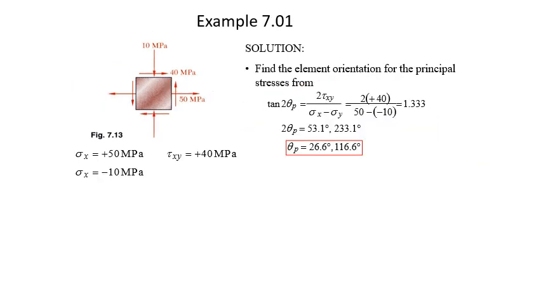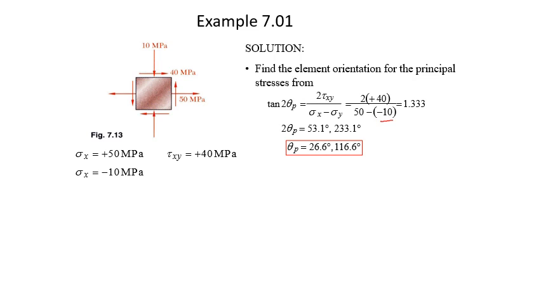So for the first part, tangent 2 theta is 2 tau xy over sigma x minus sigma y. Put in tau xy is positive 40, sigma x is 50, and sigma y is negative 10. And you get 1.333.